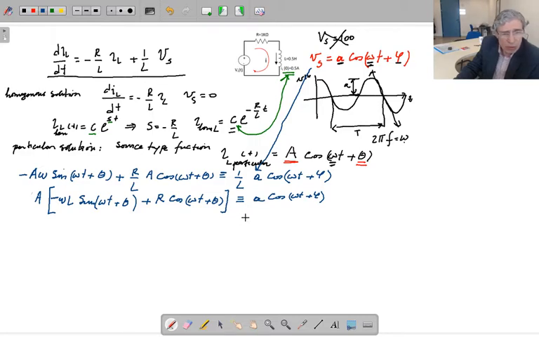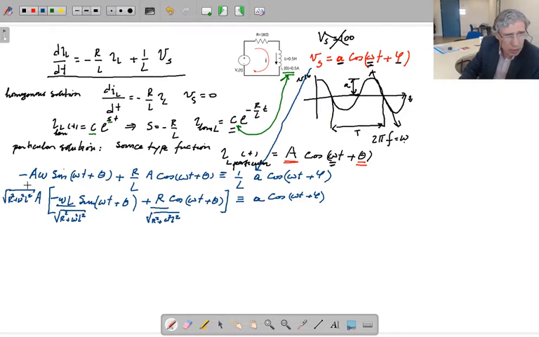Okay, what we're going to do, we're going to do something different here. I'm going to divide these two terms by the square root of R squared plus omega squared L squared, so this R is divided by the square root of R squared plus omega squared L squared, and multiply this A with the square root of R squared plus omega squared L squared.